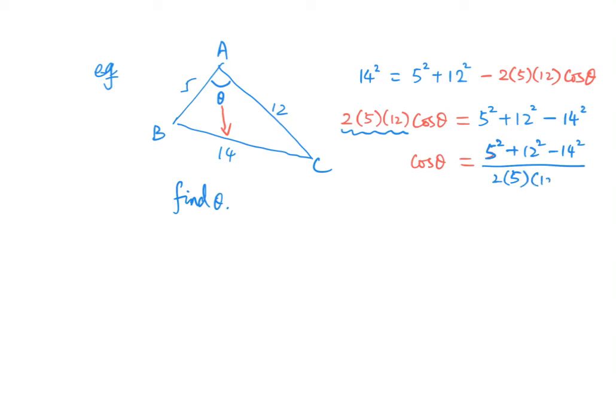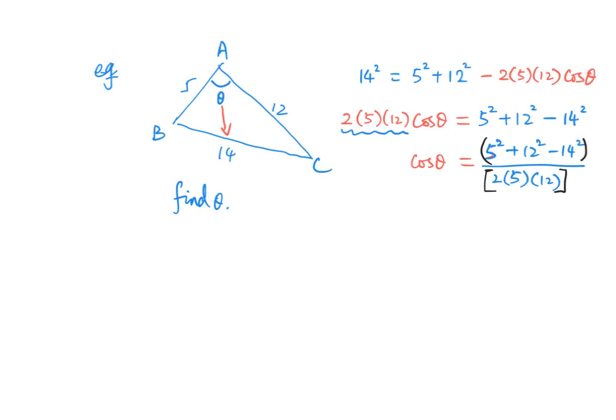So when you use your calculator, remember to add a bracket for this. So what's the answer for the right hand side? 5 squared plus 12 squared minus 14 squared divided by a bracket, also give it a bracket, 2 times 5 times 12, close bracket, execute.